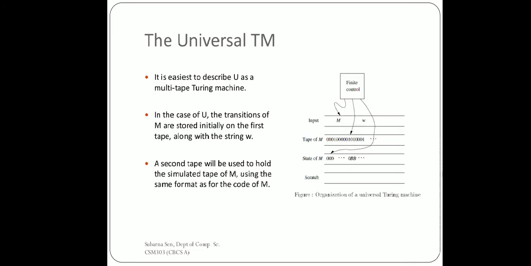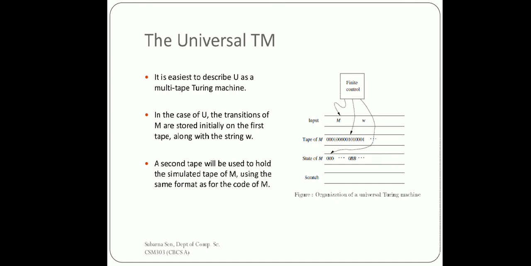So let us see how to move on. If we have to represent this U, that is universal Turing machine, the easiest way is to represent it in the form of a multi-tape Turing machine. Fine. Here do not get confused in the diagram that there are several number of tapes. There are only 4 tapes.